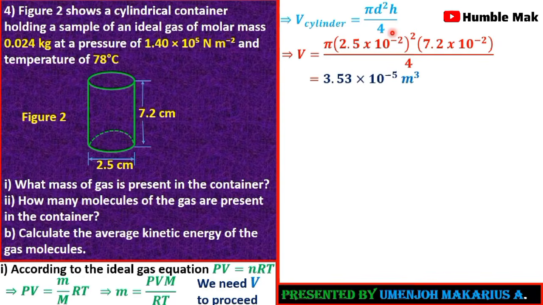Simplifying, we have the volume to be 3.53 times 10 raised to the power negative 5 cubic meters. I have respected the significant figures: you can see 1.40, so I also have 3.5 something.